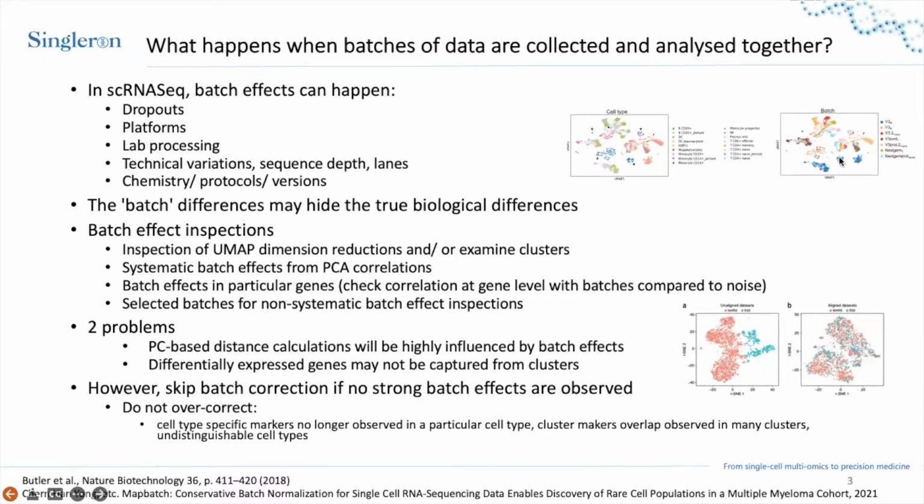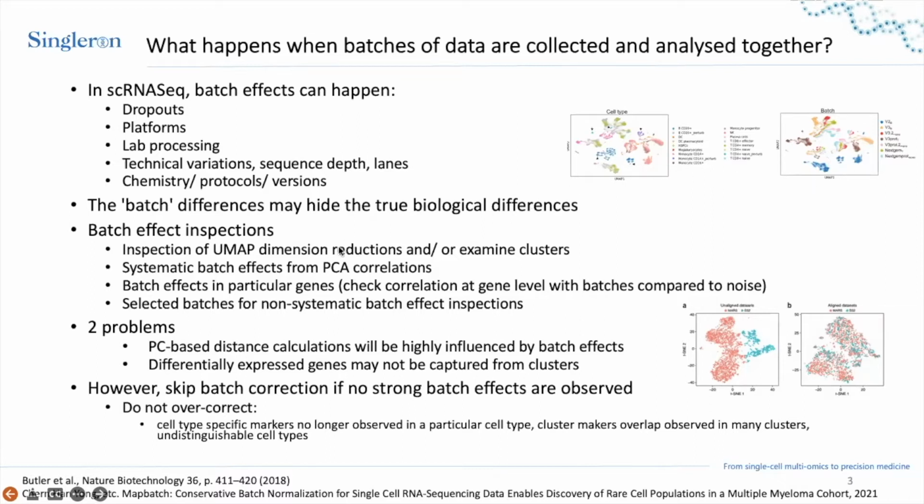Instead, on the right side, we observe a lot of batches, for example, the blue batch is obviously co-located together, and the technical differences may stand out instead of the cell type differences.